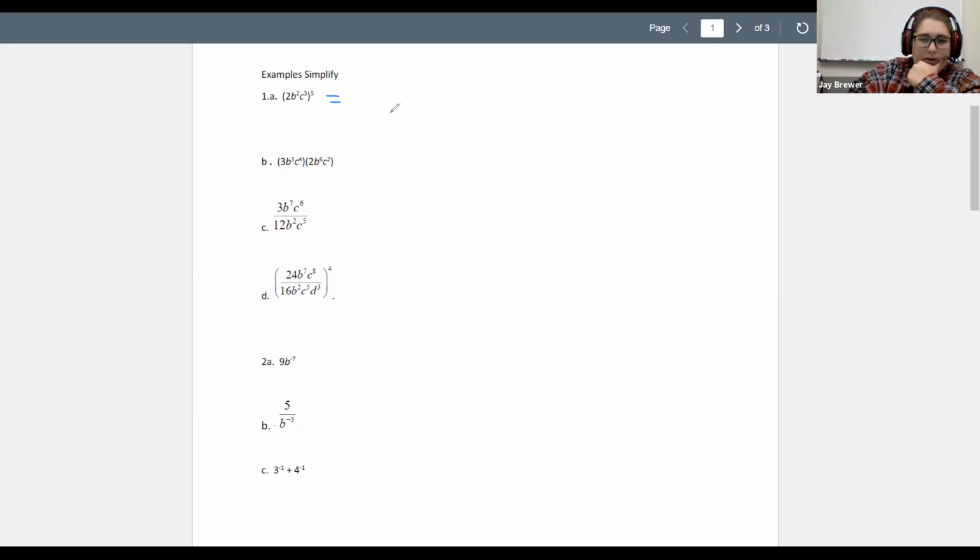Obviously the beginning ones are a little bit easier than the ones we get to towards the end. So the first one is 2 to the 5th, b to the 7th, c to the 8th, because you just add the powers.